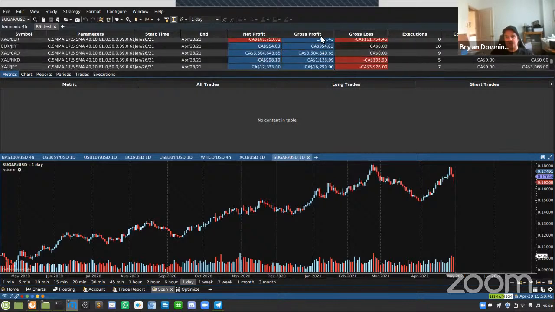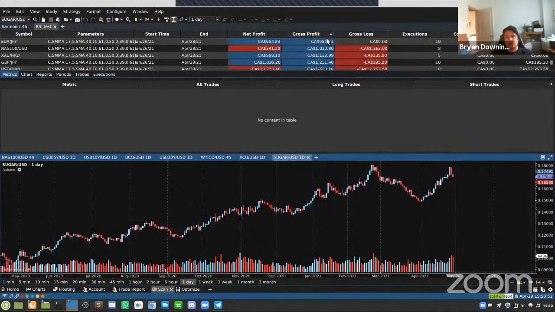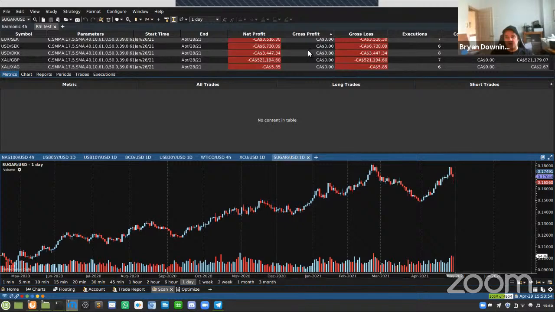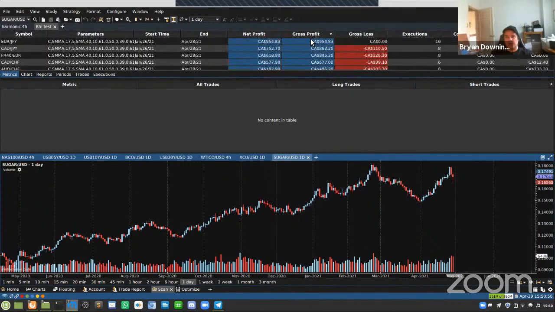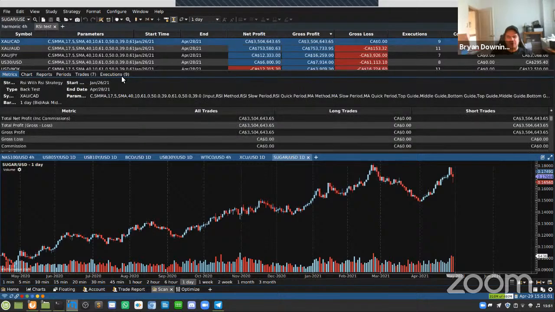Okay, so let me just get this sorted out. So surprisingly, these are the ones that really perform. So basically, if you were to trade gold and Canadian dollar, you would be up supposedly $3.5 million. Of course, that might not be true. But on the other hand, if I was to pull that up, I know there's a way to see the chart here.